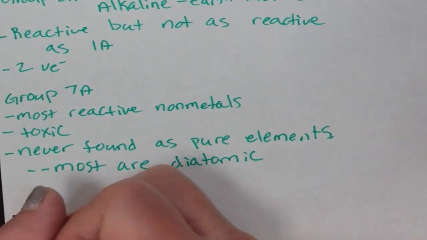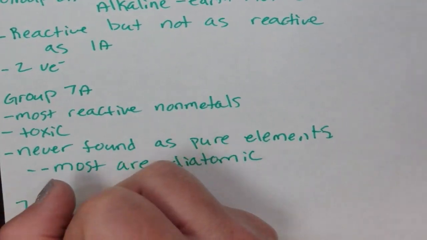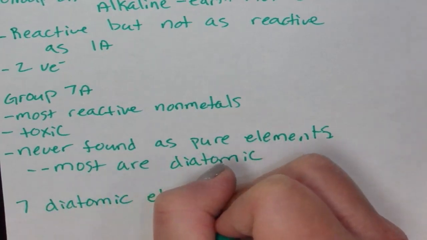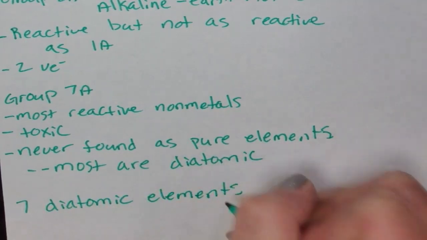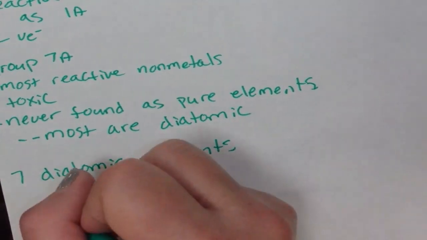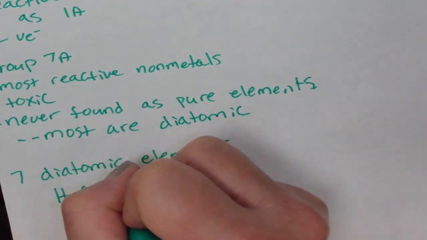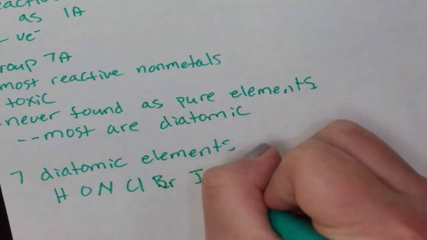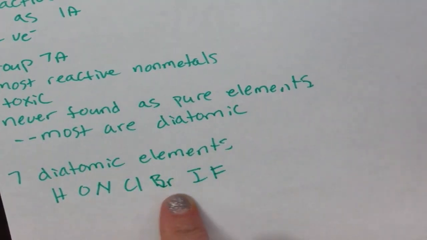So let's look real quick at the 7 diatomic elements. The way that I remember the diatomic elements is through our acronym HONCl-BrIF.